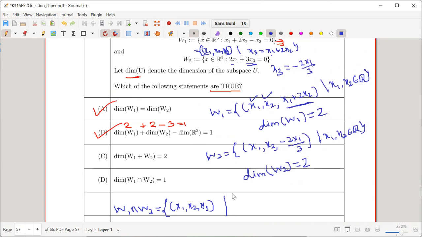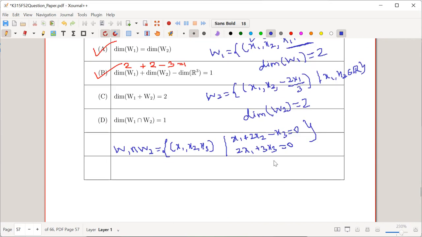It must also satisfy the second equation, 2 times x1 plus 3 times x3 equal to 0.